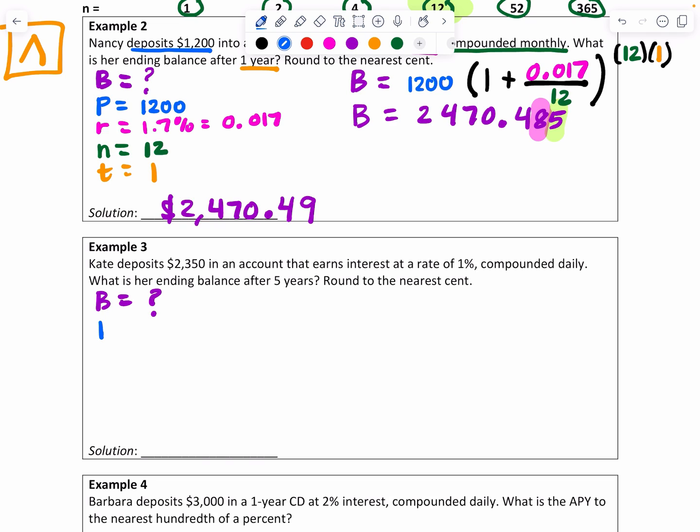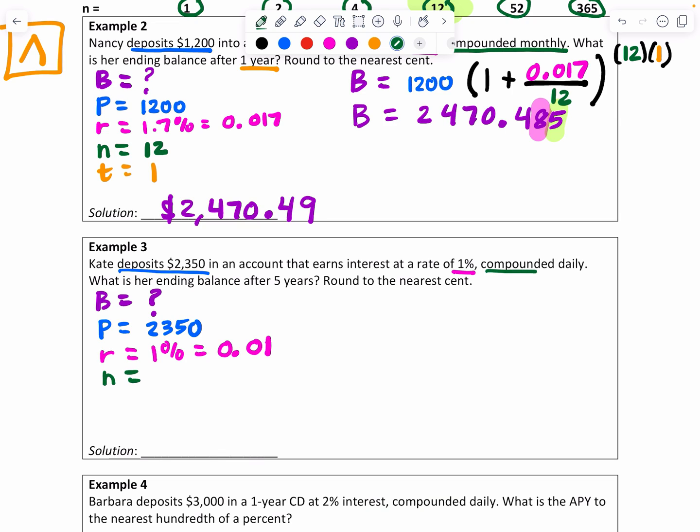P, how much money is she depositing? $2,350. What's the interest rate? 1%. As a decimal, that's going to be 0.01. Okay, make sure it's not 0.1. 0.1 would be 10%. It's got to be 0.01. N, how often is it being compounded in 1 year?